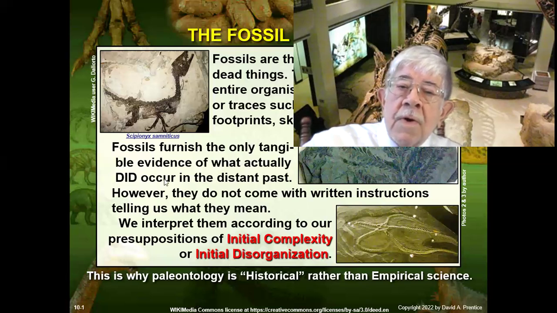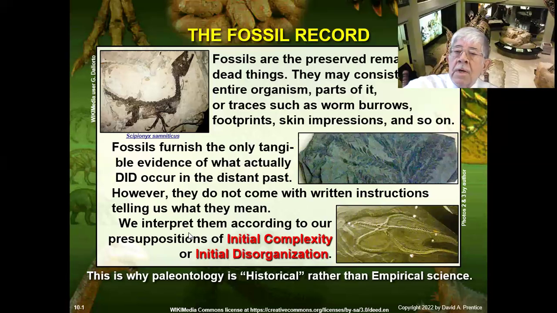So fossils don't tell us anything directly. What we have to do is interpret them according to our presuppositions. There are two major sets of presuppositions. One of them is that things were already complex at the beginning. I call this creation, but I call it initial complexity to make sure there's no confusion.